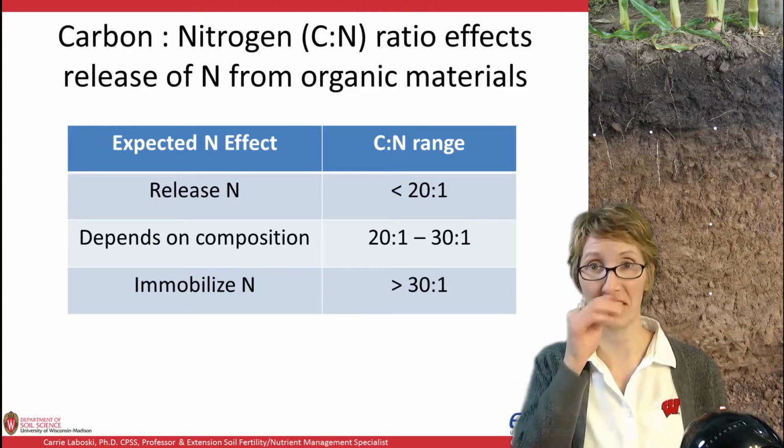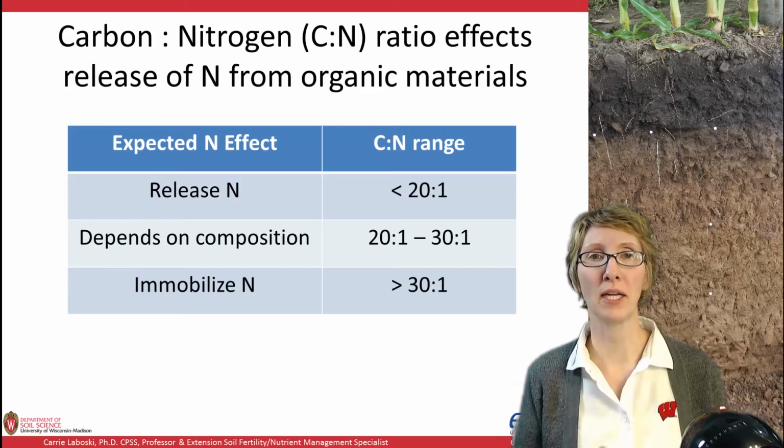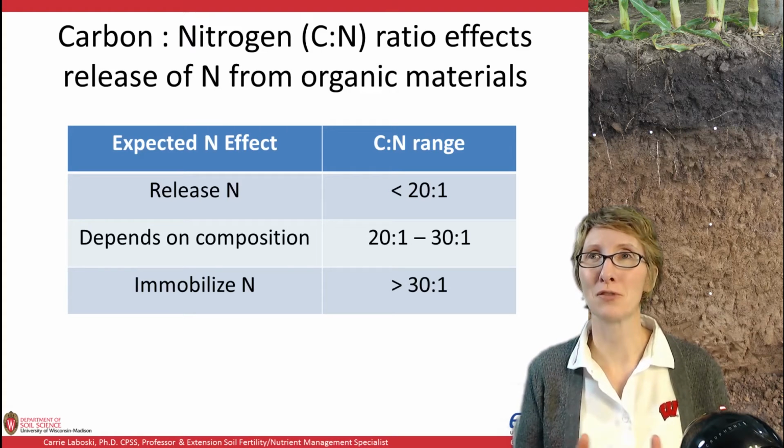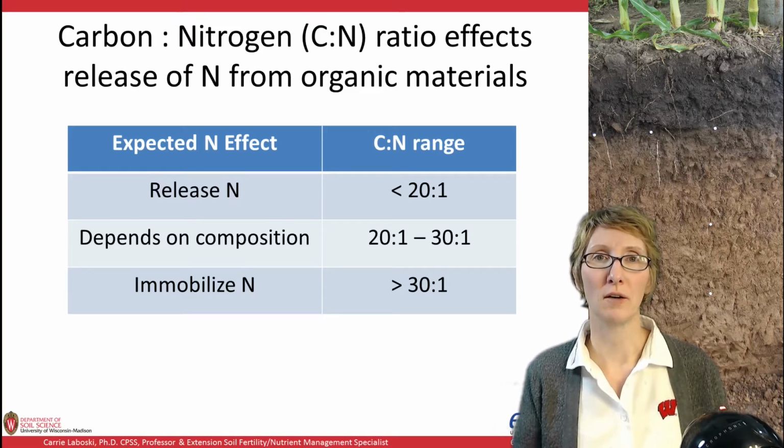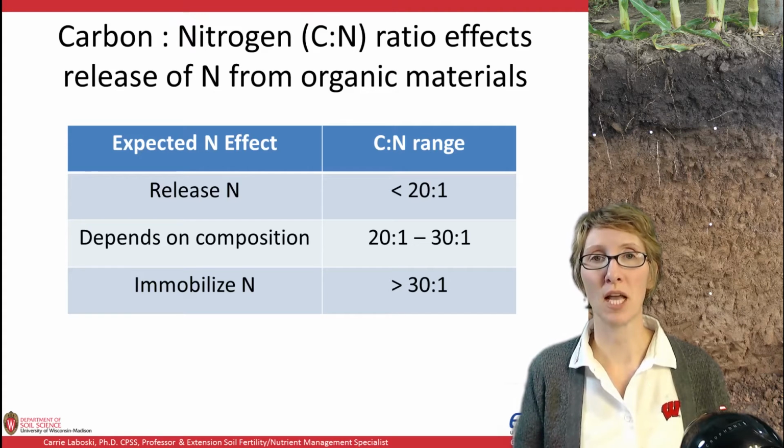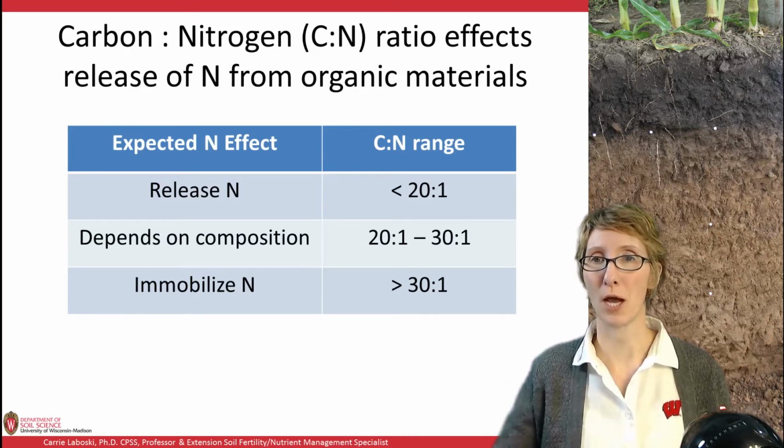Now, when we have a C to N ratio between 20 and 30, what happens is really dependent upon the composition of that material. I have found in my research that with manure materials that are between 20 and 30 to 1 for C to N ratio, sometimes they'll mineralize N and sometimes they'll immobilize. And it really just depends on their composition.